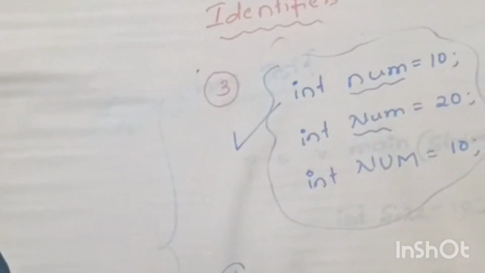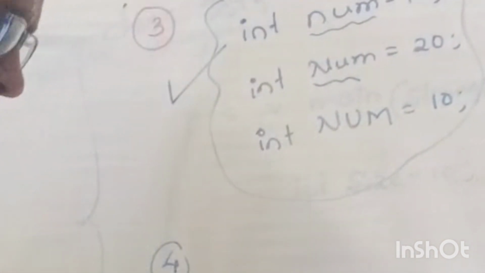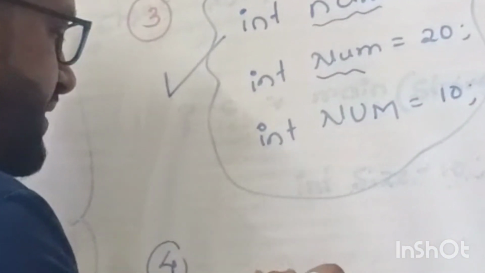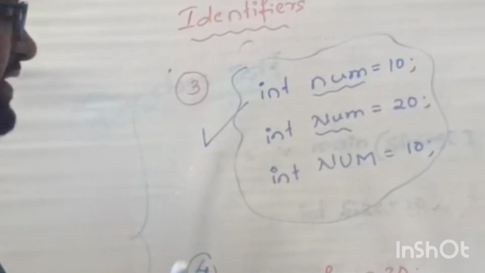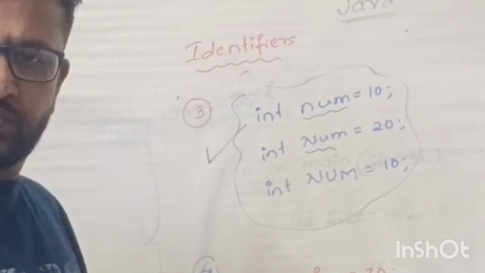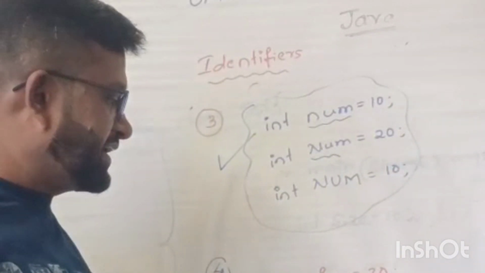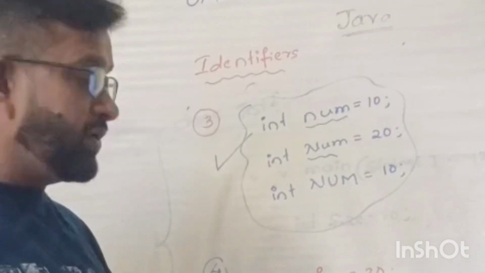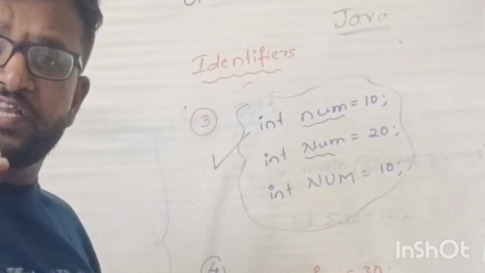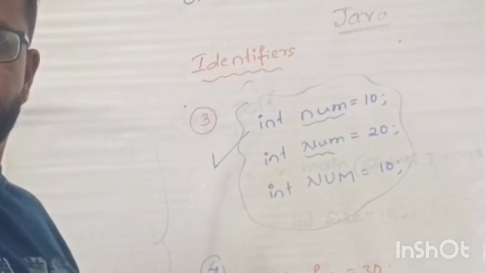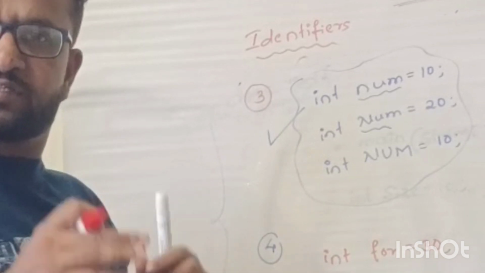Last rule. What is the fourth rule? Rule number 4. Now I will create one variable called for: int for is equal to 30. Is this valid or invalid? As per the first rule, there is no issue at all, it's perfectly fine. But what the fourth rule says is don't use any reserved words. Reserved words means the programming language provides some keywords and some reserved literals.